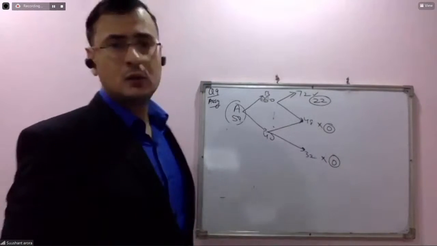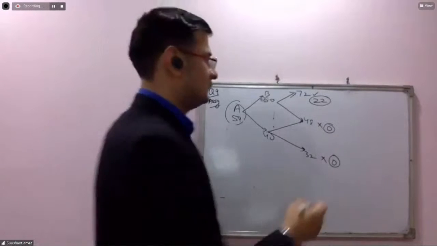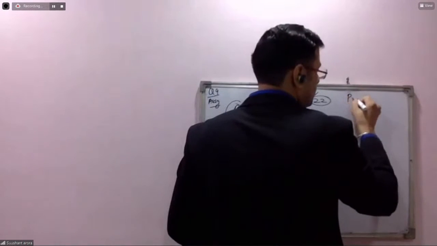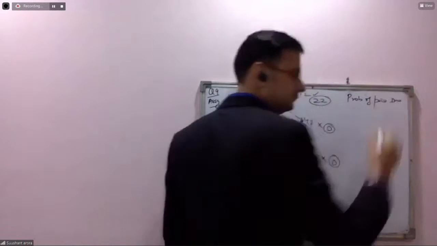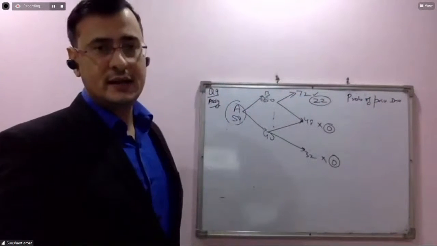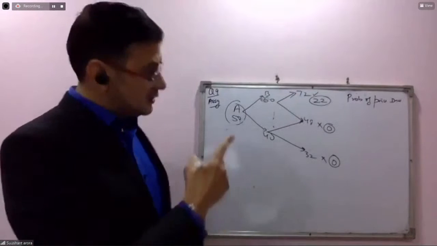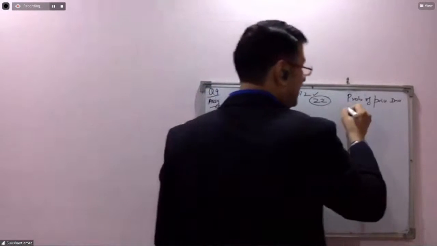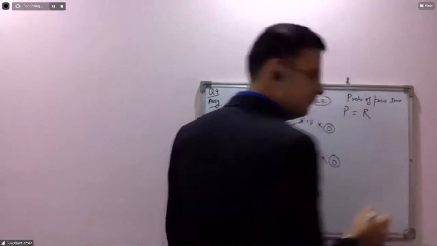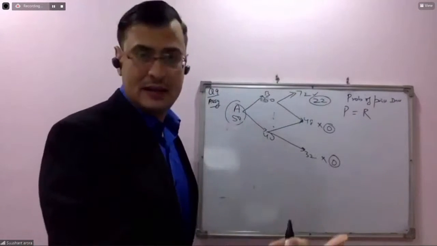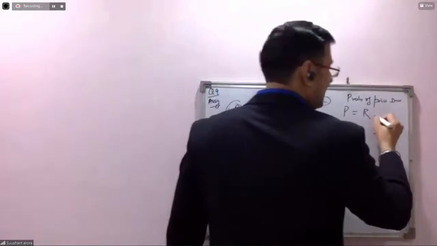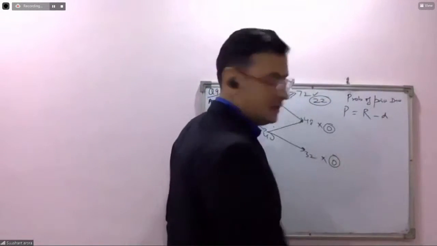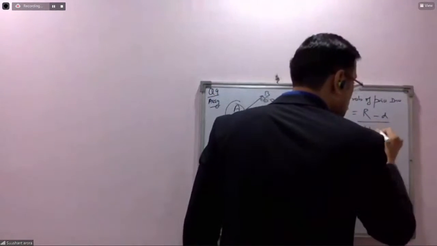First we have to calculate the probability of price increase, and this is calculated using a formula. Very carefully: probability is equal to R minus d divided by U minus D. R is the risk-free rate, which the examiner has given you as 6%.